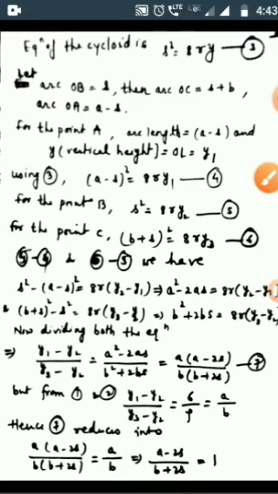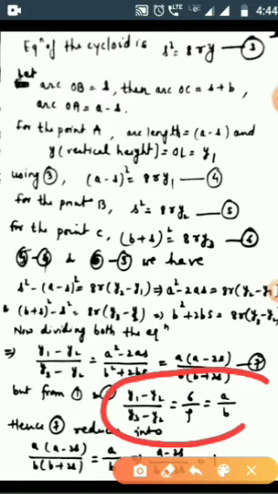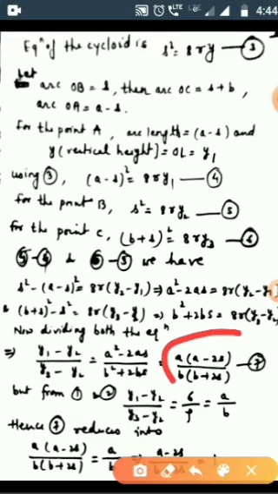Now dividing both the equations, we have (y1 minus y2) upon (y3 minus y2) equal to this expression, and from equation number 1 and 2 we have (y1 minus y2) upon (y3 minus y2) equal to sigma by rho, and this is equal to a by b. So using this property, this value must be equal to a by b.